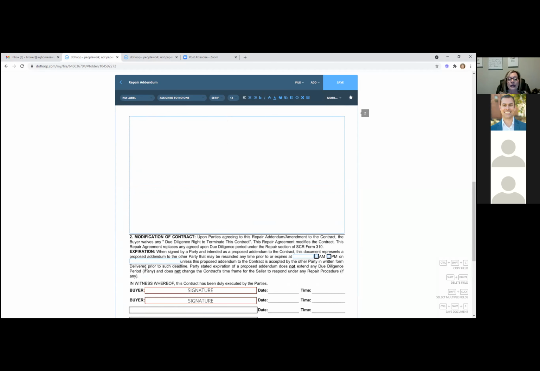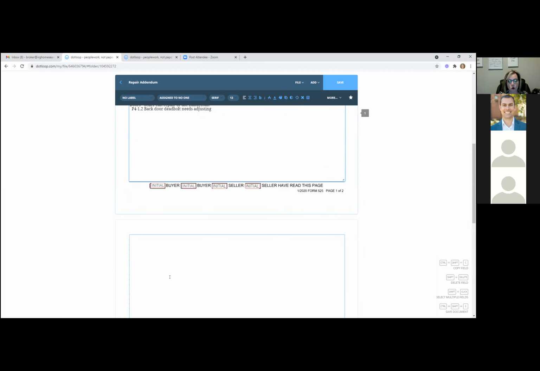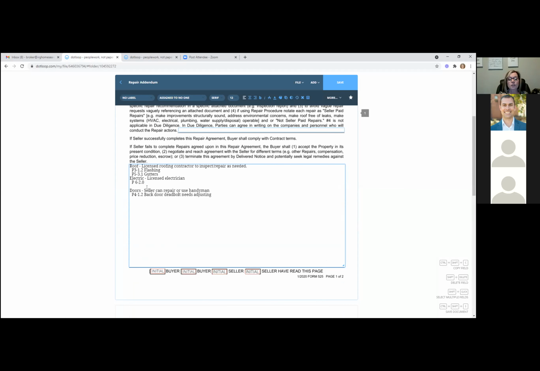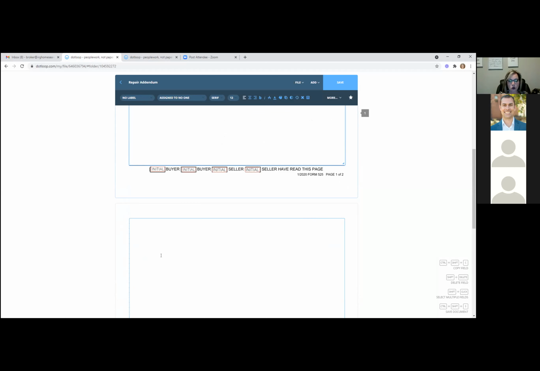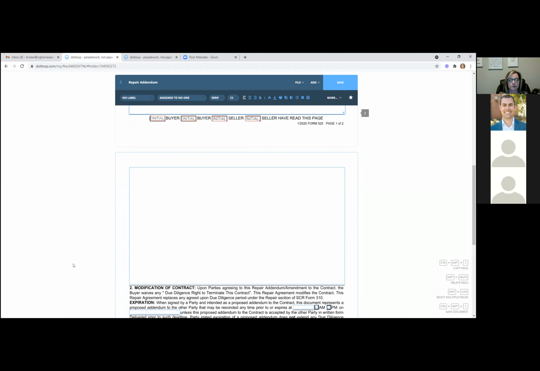Because it goes on to talk about the due diligence form to terminate. However, most people do. If you have a lot of repairs, most people just continue on down, and I do the same thing as well. So I just wanted you to know what LLR says, but it's okay if you do it that way.